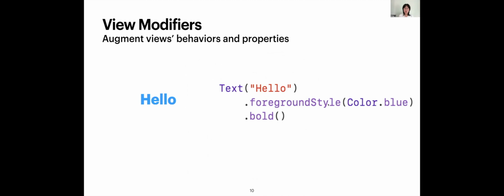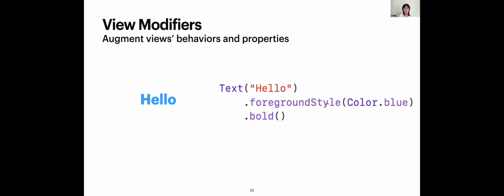Now, how do we customize a view's appearance and behavior? We use something called view modifiers. Here we have a Text that says hello, so we add foregroundStyle with Color.blue to make it blue, and .bold to make it bold. Each modifier creates a new modified version of the view.